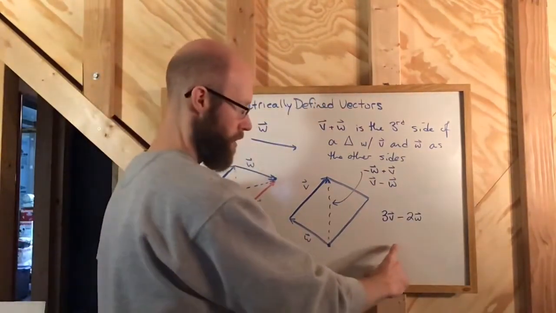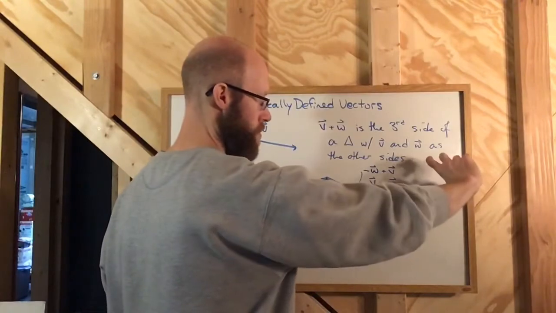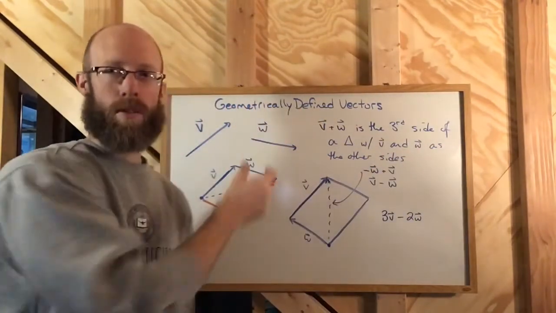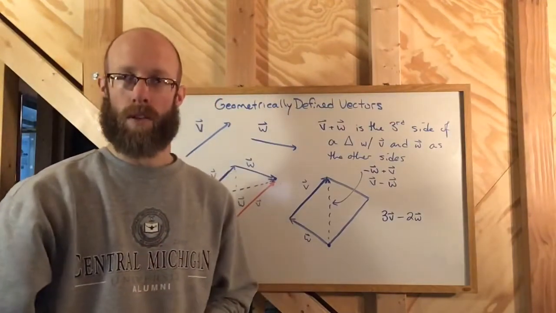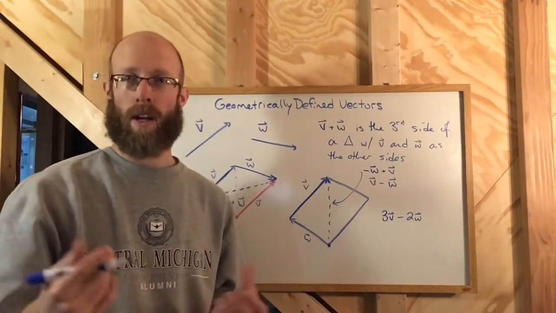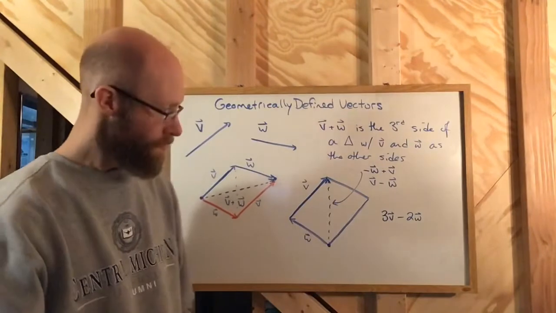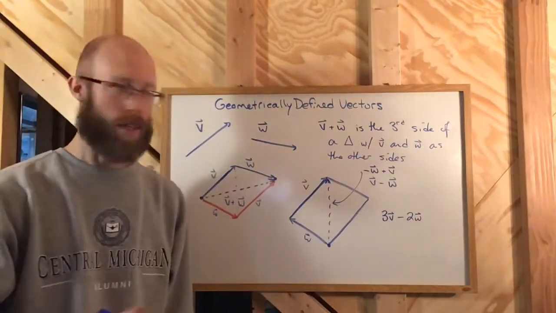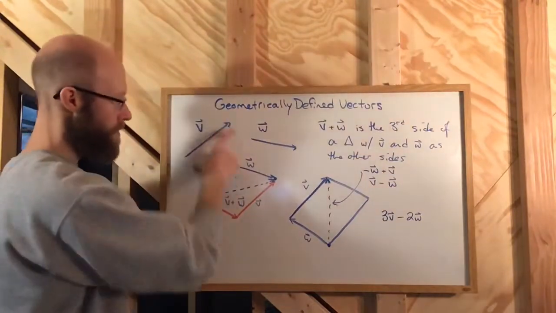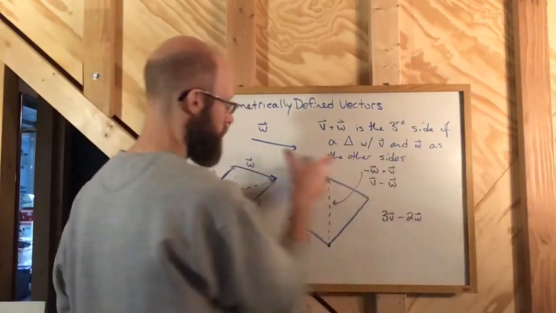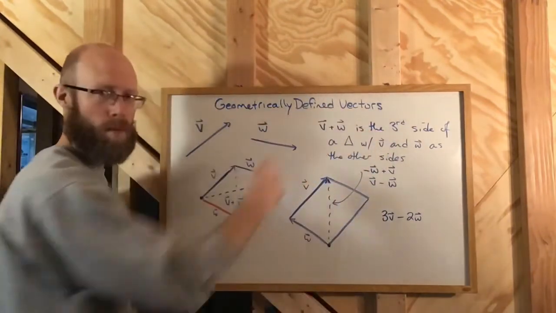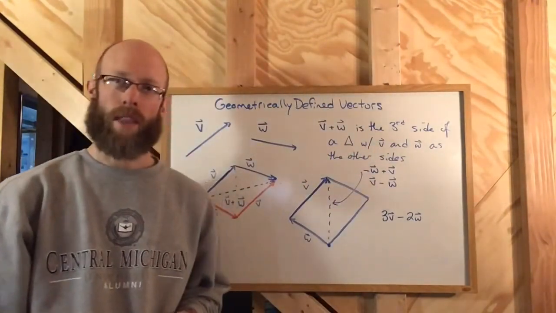You link 3 v's together and then go minus 2, so you do w in a negative direction, the opposite direction, and that would give you the corresponding vector for that. Okay, so I'm not going to draw it all out and run out of space, but kind of get the idea, hopefully, is that you're just taking 3 vector v's, 1, 2, 3, 2 w's in the opposite direction, and then you would link them end to end, and that would be your new vector.